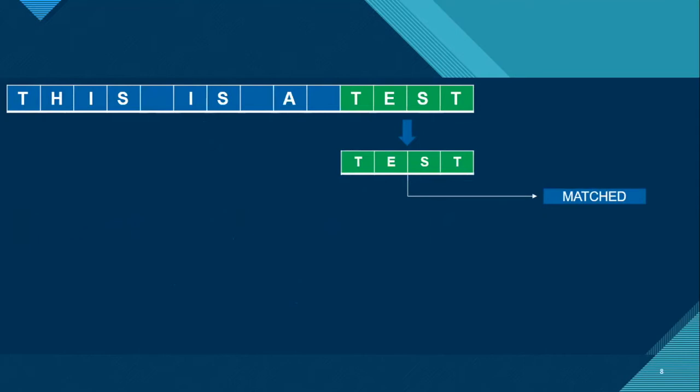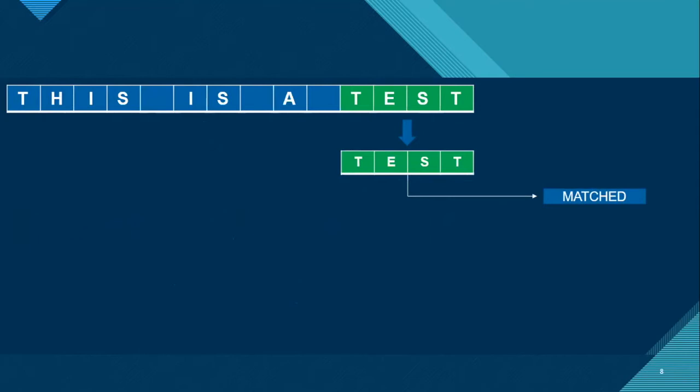The first character is matched, then we check the second character, and it is also matched. We match the third character, and it is also matched. And at the end, the last character also matched. Then the pattern is matched with the given text.